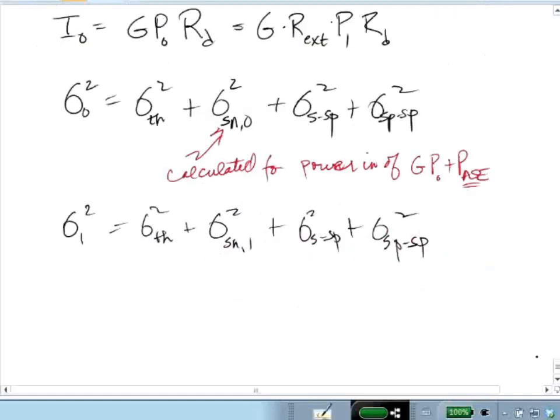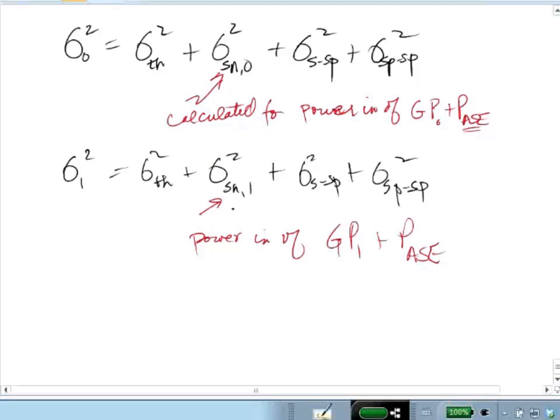But again, the shot noise has power in of G P1 plus PASE. So we can now see that the shot noise is actually getting closer in value between the cases of 0 and 1 because we have this ASE common term between the two of them. So in some respects, we can see that sigma 0 squared and sigma 1 squared are somehow getting closer when we include amplified spontaneous emission.